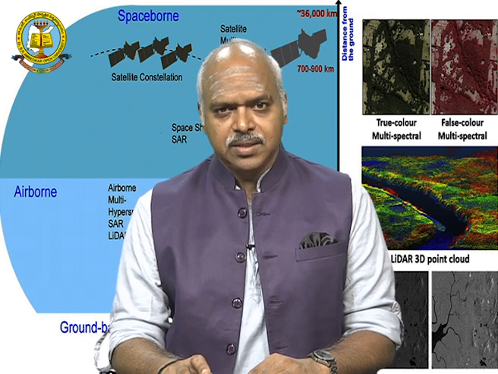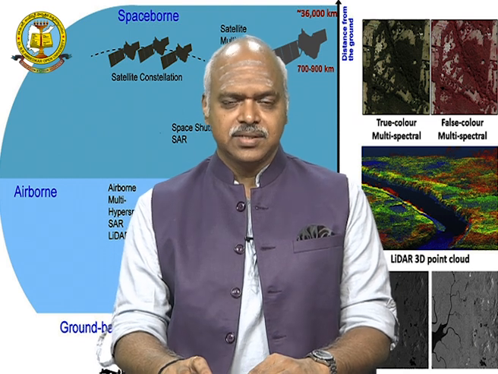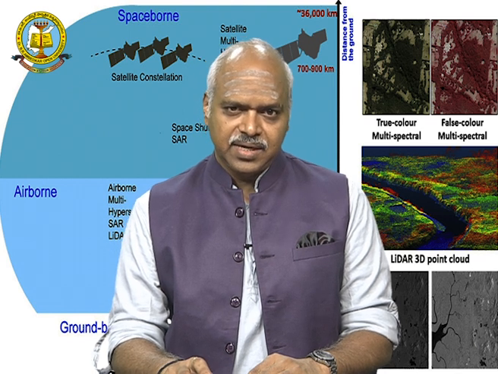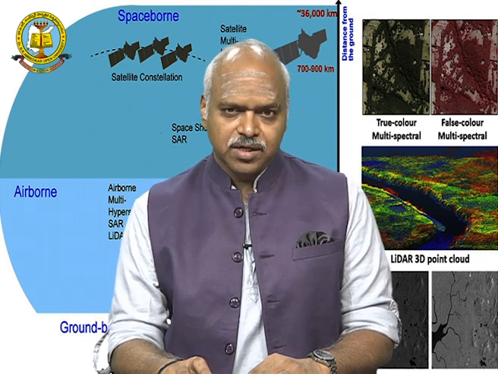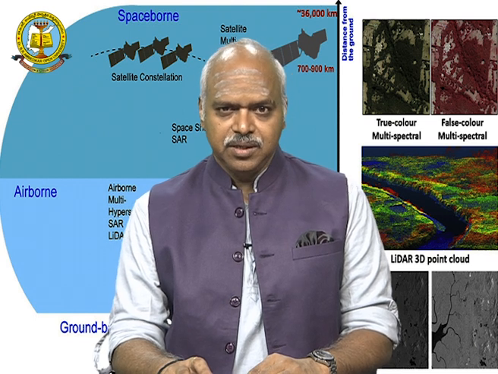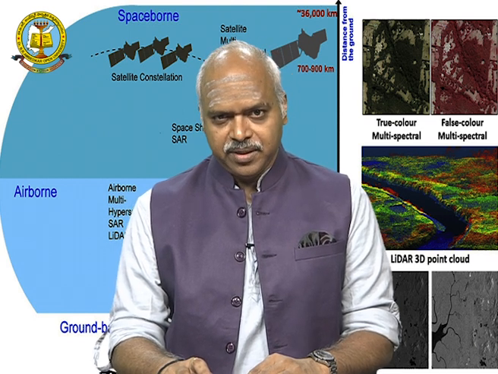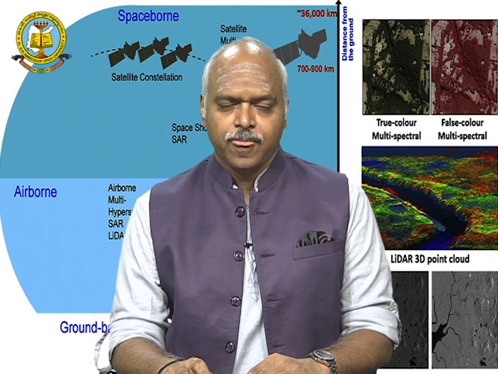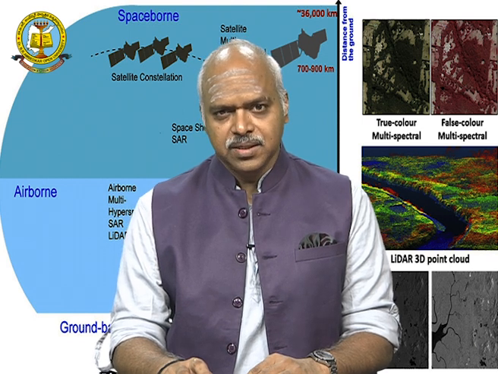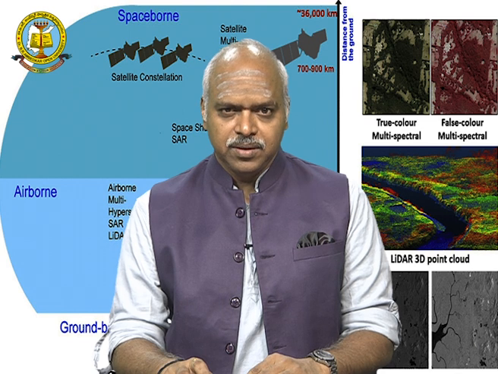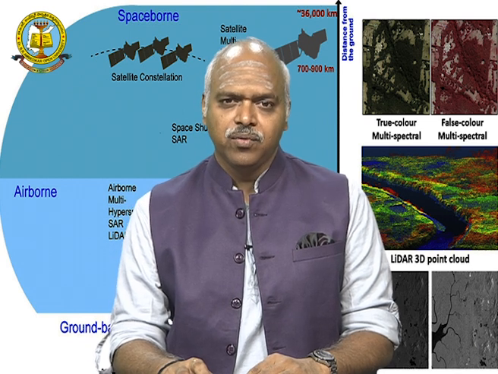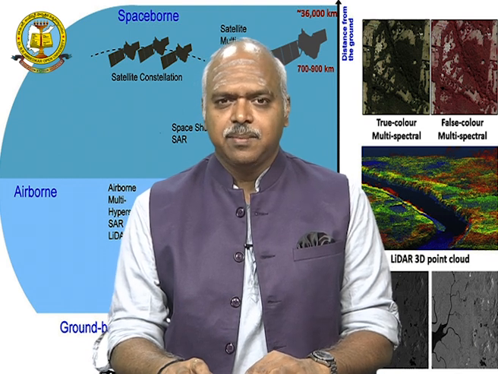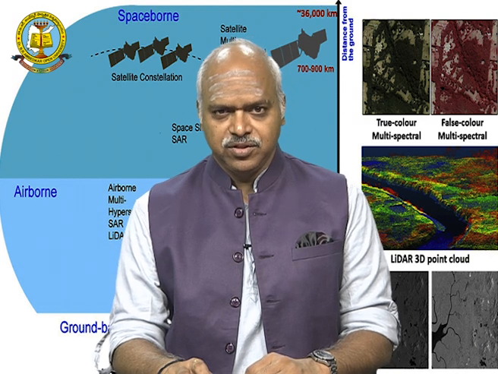If it is a high Earth orbit, the satellites placed in this orbit are typically called geostationary satellites, at a height of 36,000 kilometers, and typically help in monitoring the weather and other parameters. So mostly weather satellites are placed in these high Earth orbits. Then we have medium Earth orbits. The satellites in this orbit are typically placed at a height of 20,200 kilometers, and typically help in navigation.